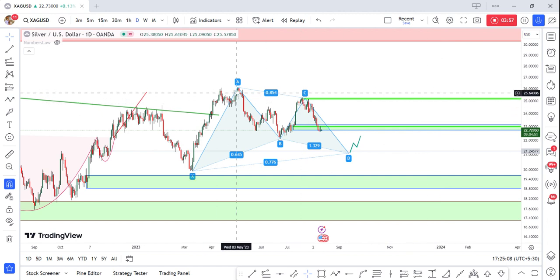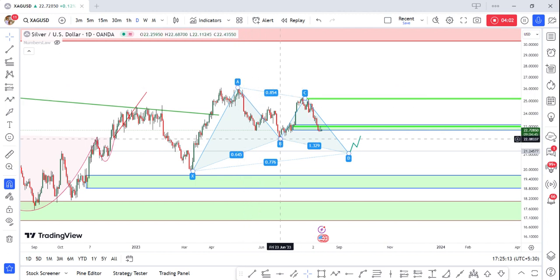But what happened in May 2023 is that it created a good low up to 0.645. That is more than 0.618. Then it retraced to 0.886. If it retraces until 0.886, it would create a bullish Gartley. That was confirmed when the next high did not break the high of this. So it continued down, and we are heading towards 21.1153.